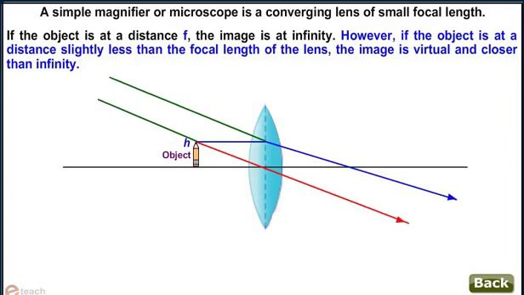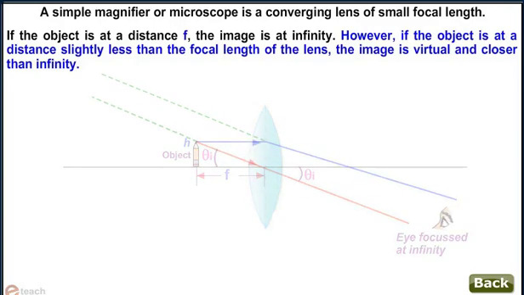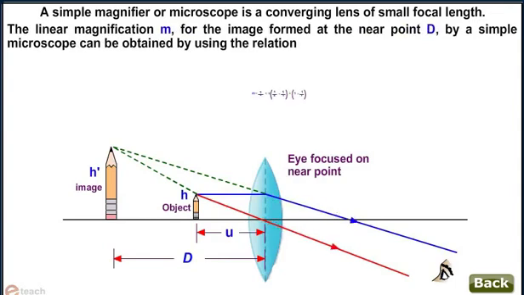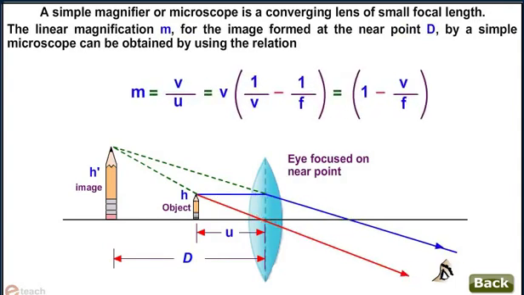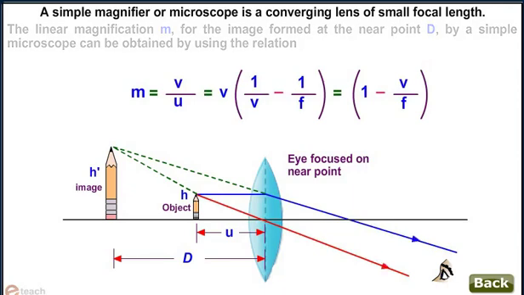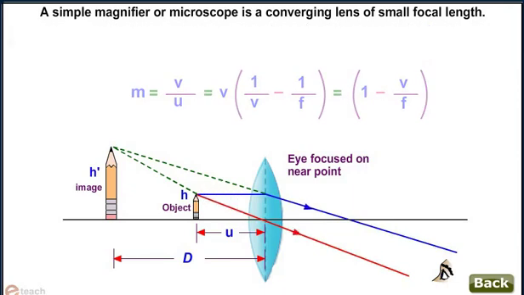The linear magnification M for the image formed at the near point D by a simple microscope can be obtained by using the relation M equals v by u, which equals v into 1 by v minus 1 by f, which equals 1 minus v by f.